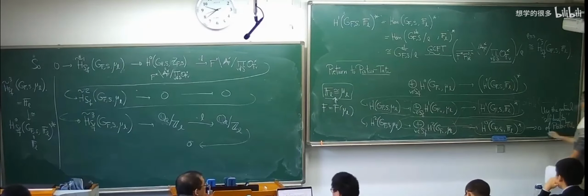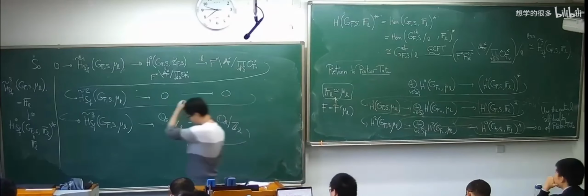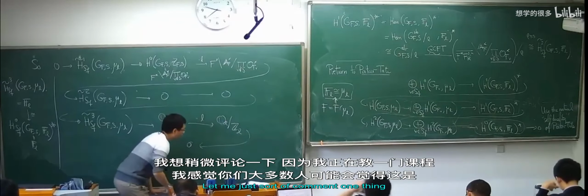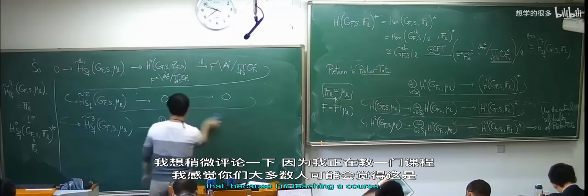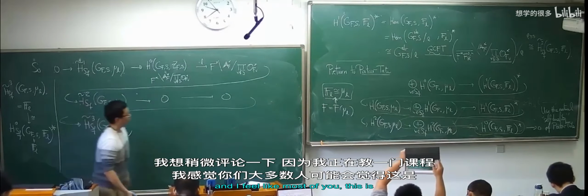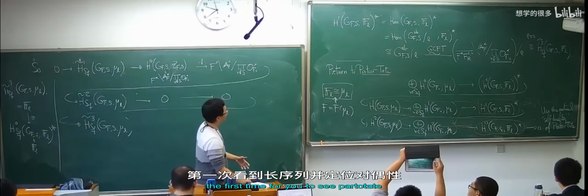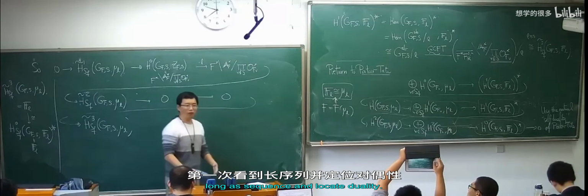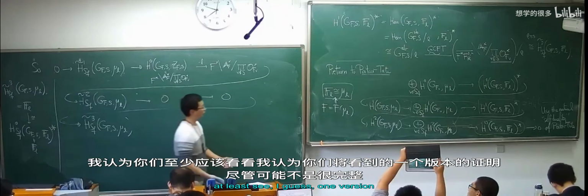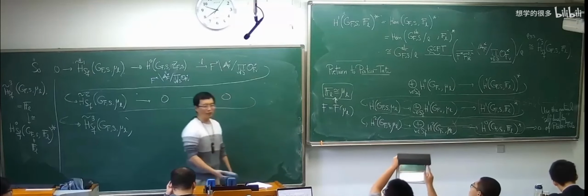Okay. Good. Let me comment on one thing. Because I'm teaching a course, I feel like for most of you this is the first time you see the partial long exact sequence and local Tate duality. I think it's important that you at least see one version of the proof, even if it's not very complete.